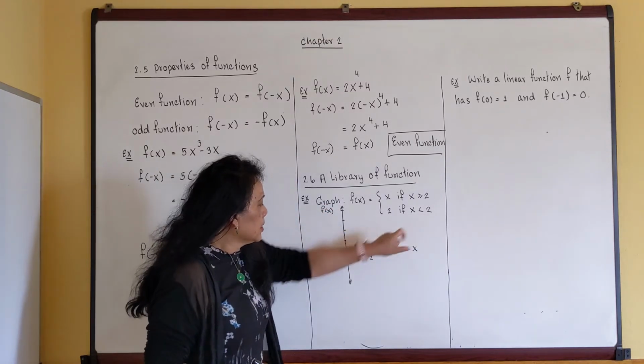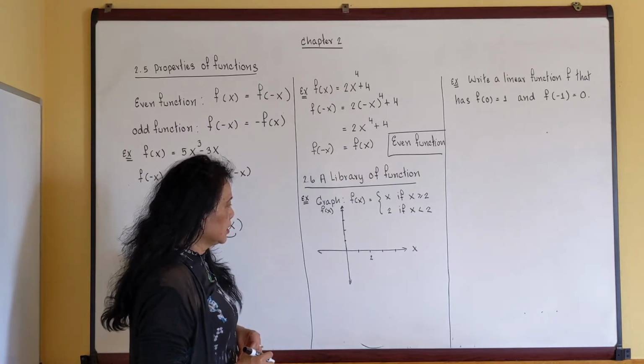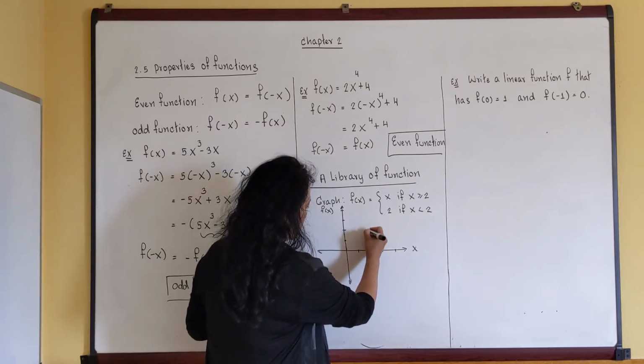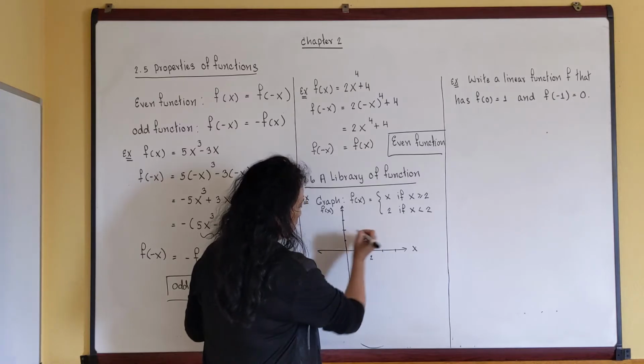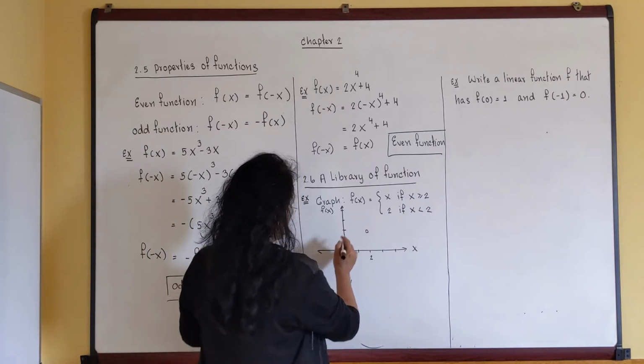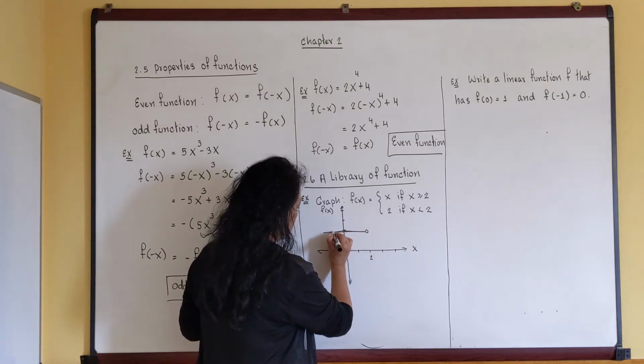So when x is less than 2, f of x is equal to 2. Let's say 2 is over here, 1, 2. If it's less than 2, I'm just going to put an open circle here. Less than 2, go to my left. f of x is 2. So it looks something like this.